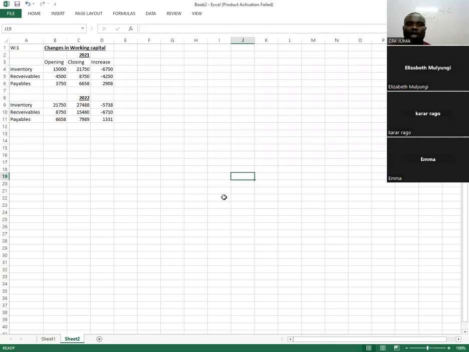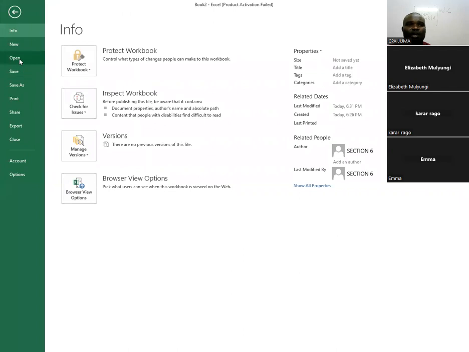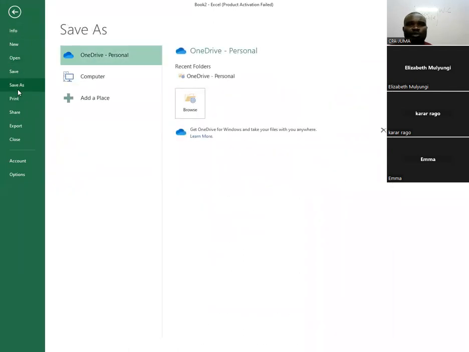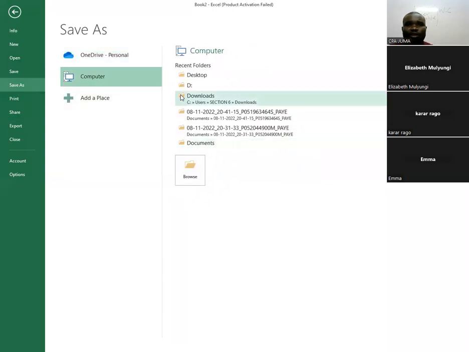So we were doing this. Allow me to save this thing. The power can go off, then we be messed up. Sorry. So let me just save it so that in case of anything, we are safe.